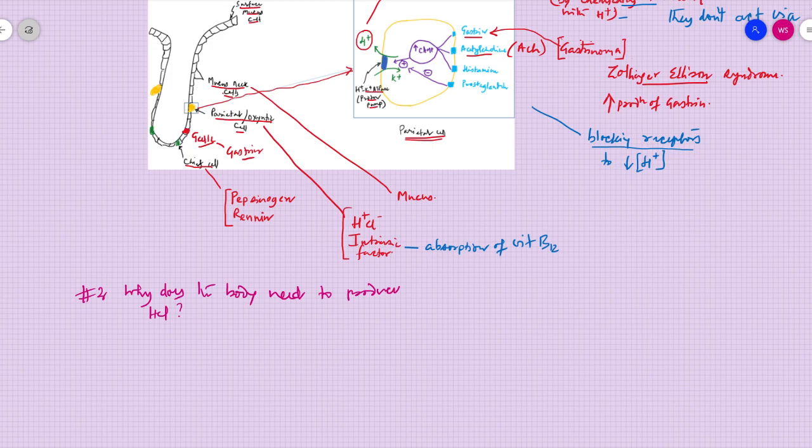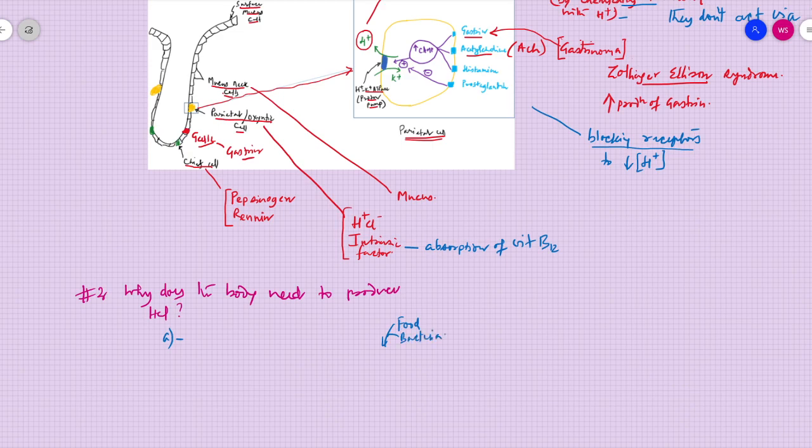It has got two principal functions. One, say A, is to sterilize the food. So along with the food intake, there is an entry of bacteria.